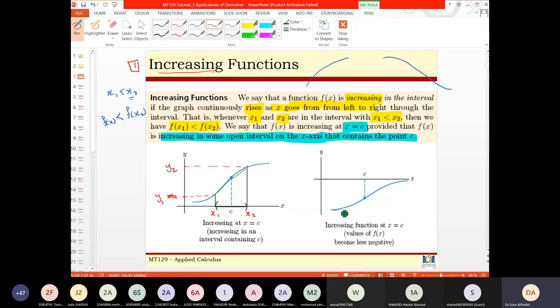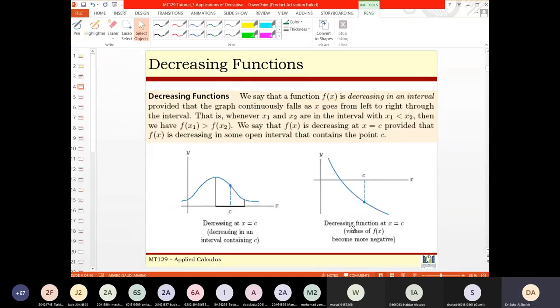From left to right, I can see that the function is growing. So it is increasing at the point C. And if I take a small interval around the C, I can see the function is growing up, صح? So the function is increasing at the point C.